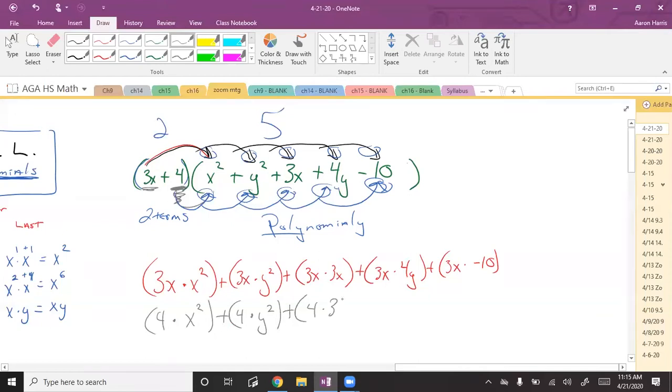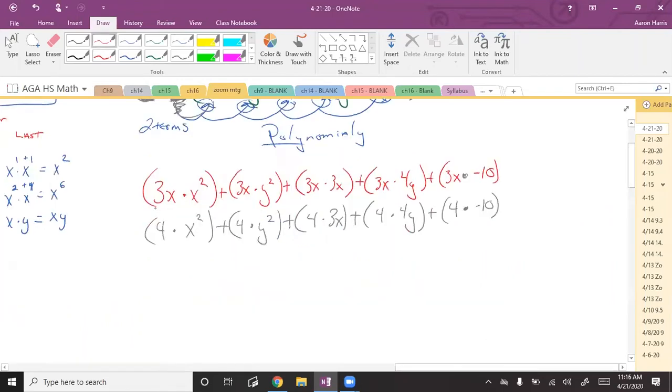Good. Plus 4 times 4y. Good. Plus 4 times negative 10. There you go. Notice that all I did was the same exact thing. I just switched from 3x to 4, correct?